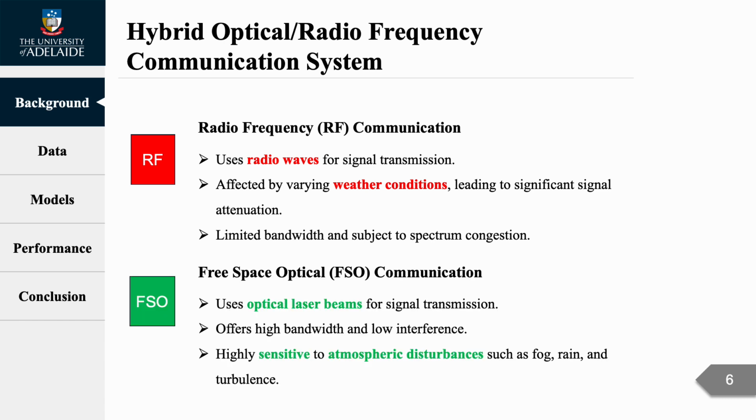However, as the demand for higher data rates grew, free space optical communication emerged as an alternative. But both radio frequency and free space optical are really affected by weather conditions. Just so you know, for convenience, I will refer to radio frequency as RF and free space optical as FSO from now on.